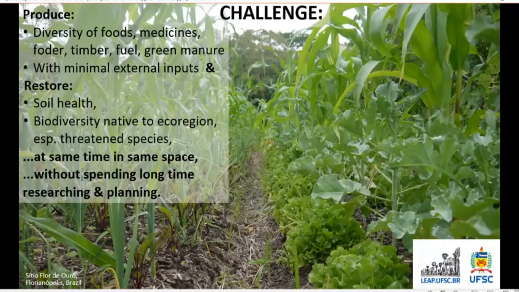So the challenge is to produce a diversity of foods, medicines, fodder, timber, fuel, green manures, and to minimize inputs, especially external inputs. And at the same time, in the same space, restore soil health, biodiversity native to the ecoregion, especially threatened species, and incorporate threatened species into production and use, economic use and conservation through sustainable use.